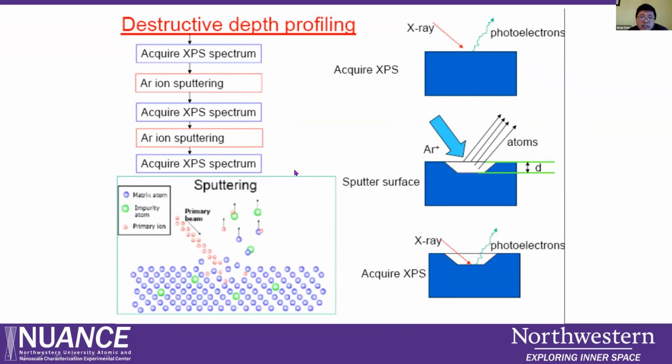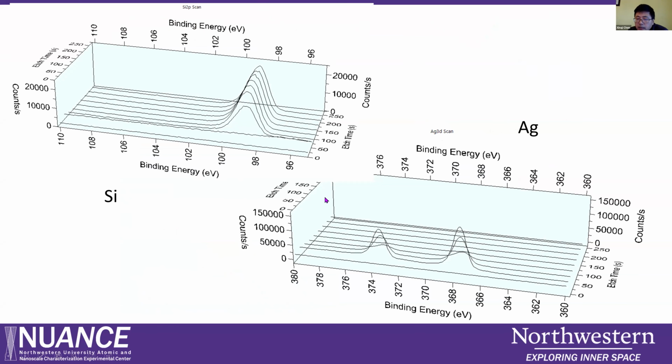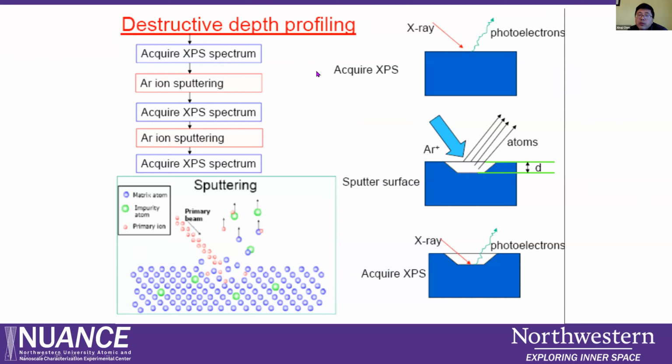Besides the surface analysis, which only analyzes about 10 nanometers, sometimes you want to see deeper, for example 100 nanometers or even 200 nanometers, to see how the elements change. You can use the argon sputter gun. First you set up the depth profile, setting the energy and the etch time. Basically, first you analyze the surface, and then you use argon to etch a layer.